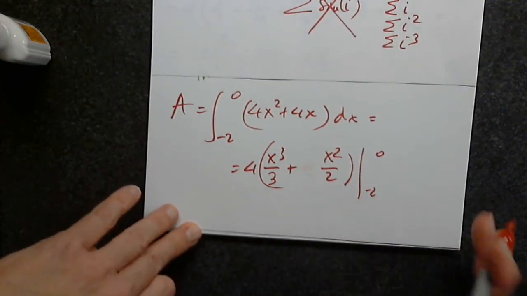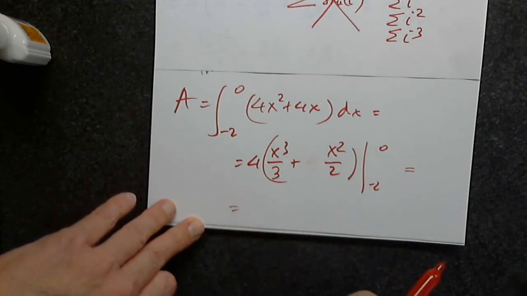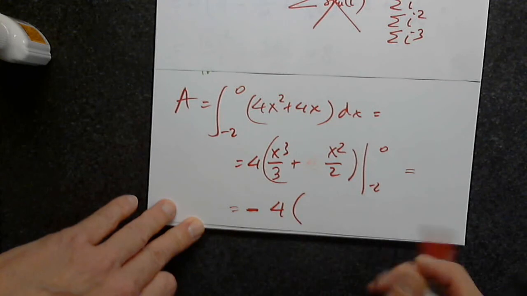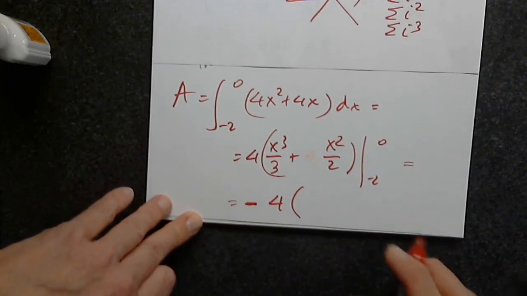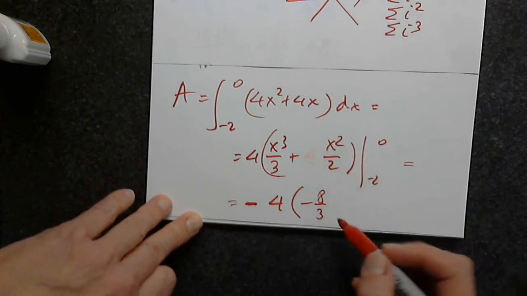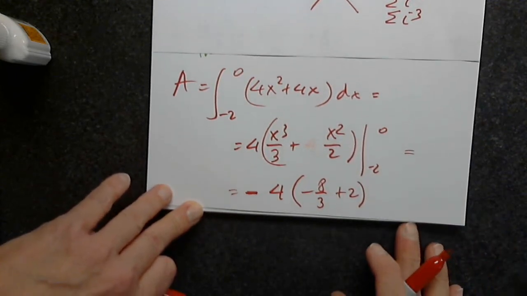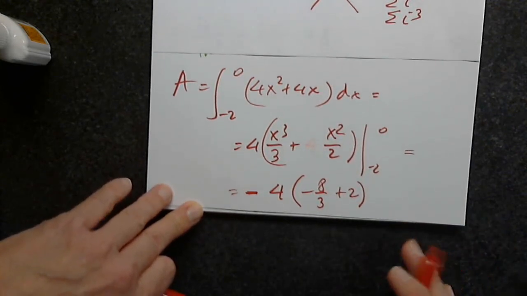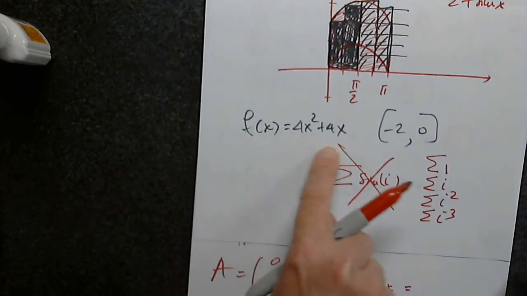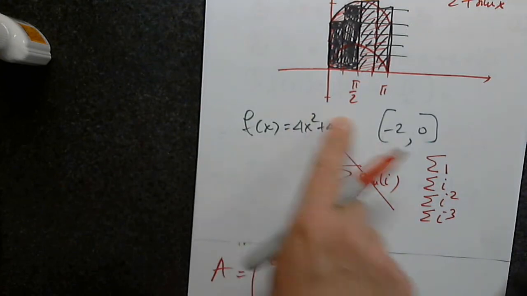So when I plug in 0, everything goes away. Then minus, when I plug in negative 2, negative 8/3, and 4 divided by 2 is positive 2. We know that the area must be positive because this is a positive function on this interval.